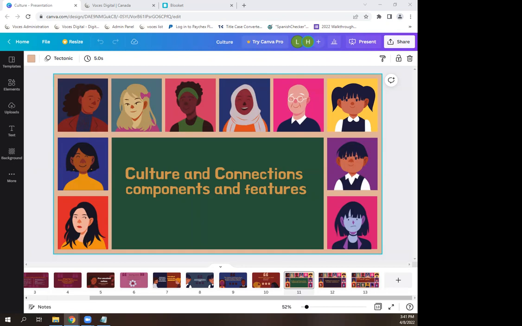Finding those similarities and differences will help us visualize where we can connect.